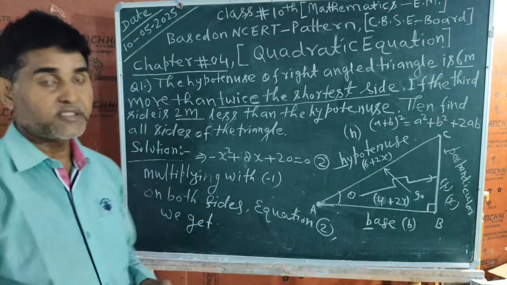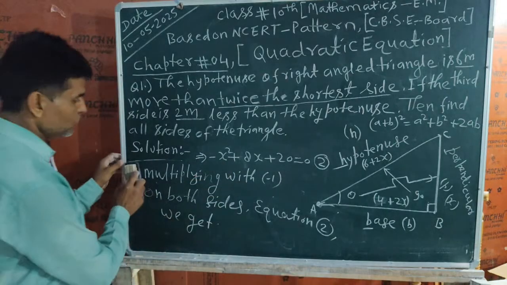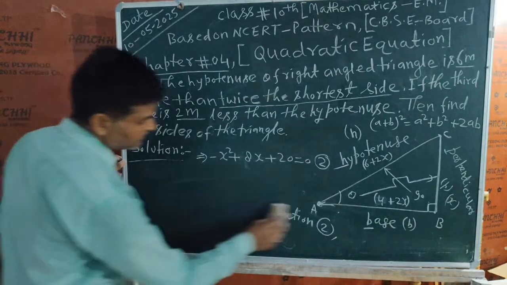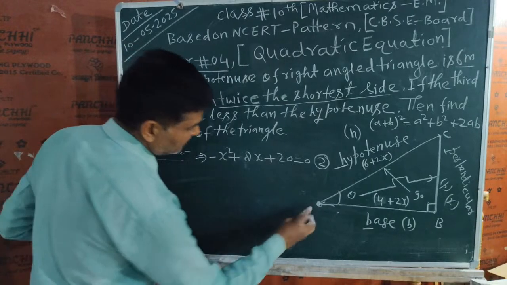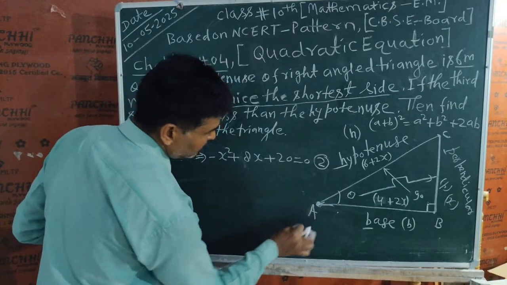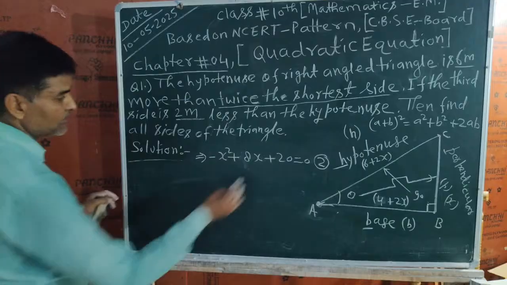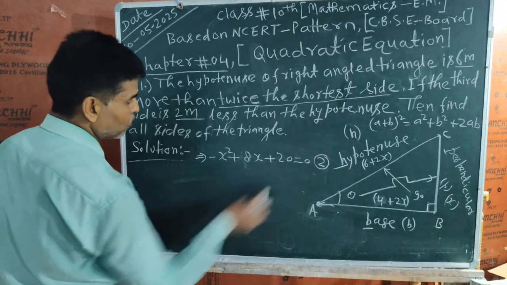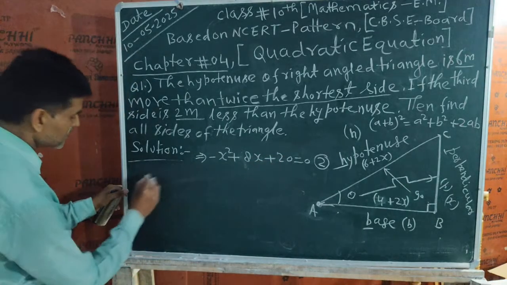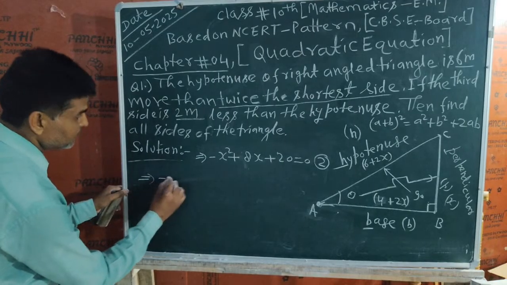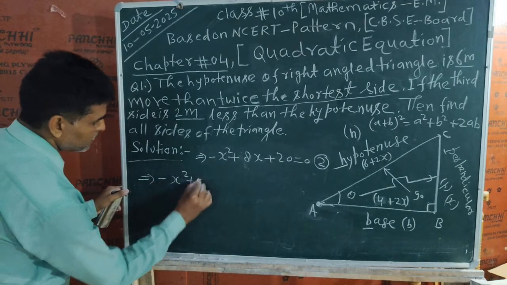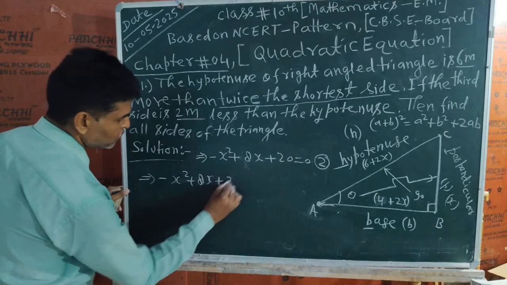Okay, student. Further, you concentrate on this live video, from starting to end, for getting knowledge on this topic. So after multiplying, I will write, implies that, minus x square plus 8x plus 20.